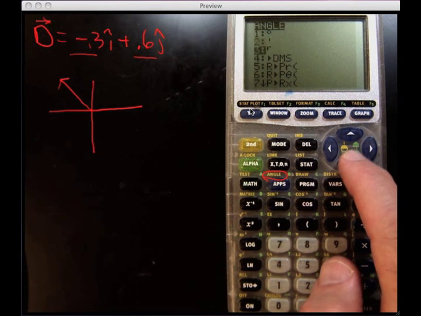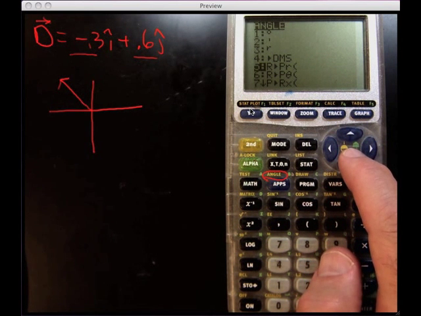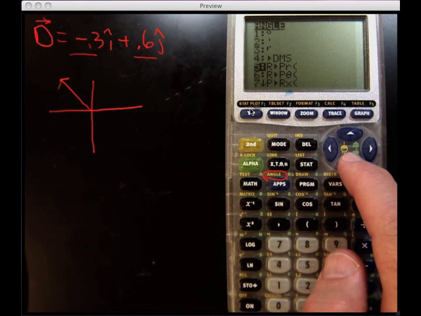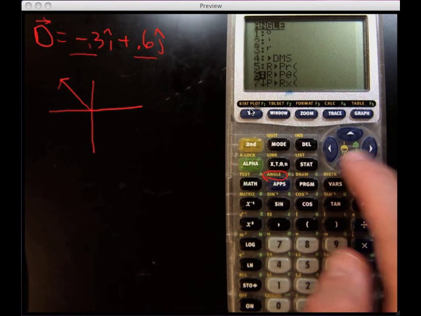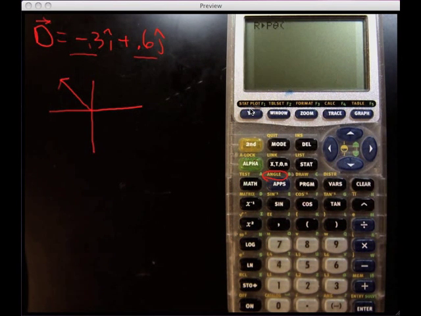And if we scroll down, this first option, number 5, says R to PR. That means rectangular to polar radius. If I want the direction, I want rectangular to polar angle. So I hit enter. And now I put in my two coordinates, negative, not minus, but the negative sign, right? 0.3, then comma.